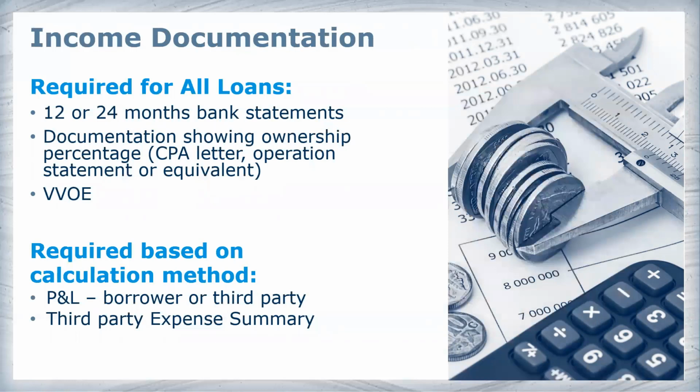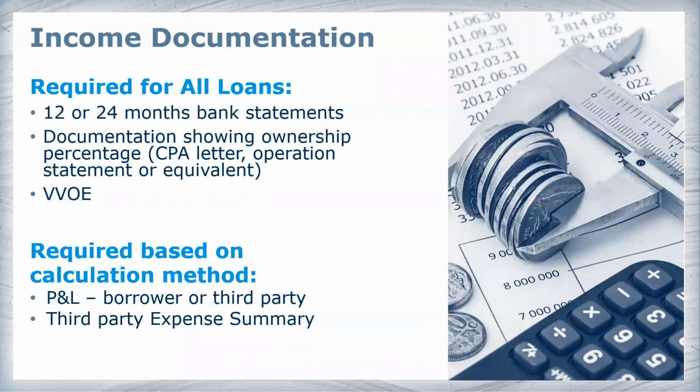So the type of income calculation chosen will determine the required documentation. But you will always need either 12 or 24 months bank statements, and that ties to your different credit classes. And you'll also need documentation to show business ownership as well as the standard documentation you use for a business owner under a verbal VOE.